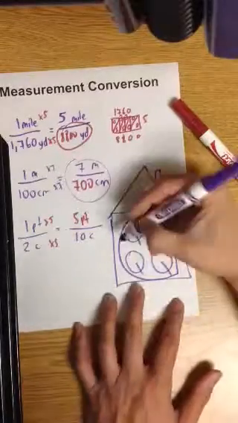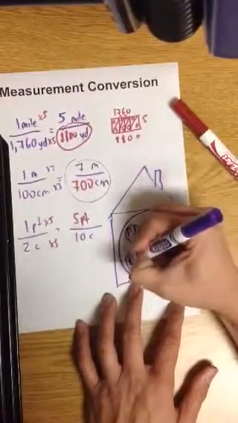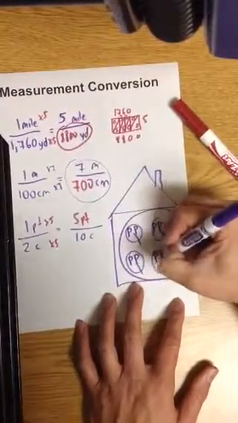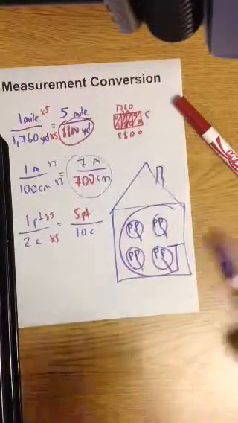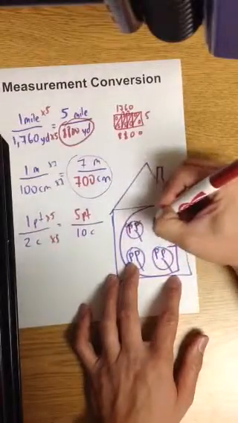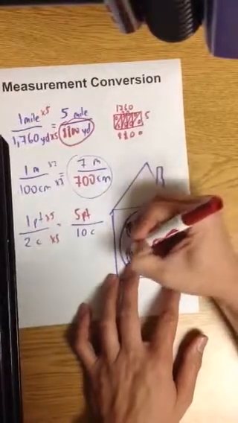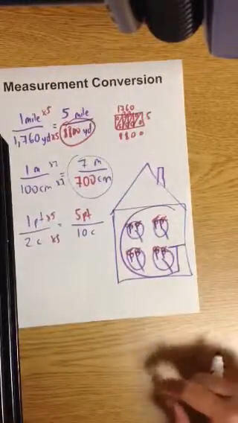So I draw little people inside, looking out. Each pint has 2 cups. So you draw little eyes staring at you. Cups, cups, cups. And that is a gallon.